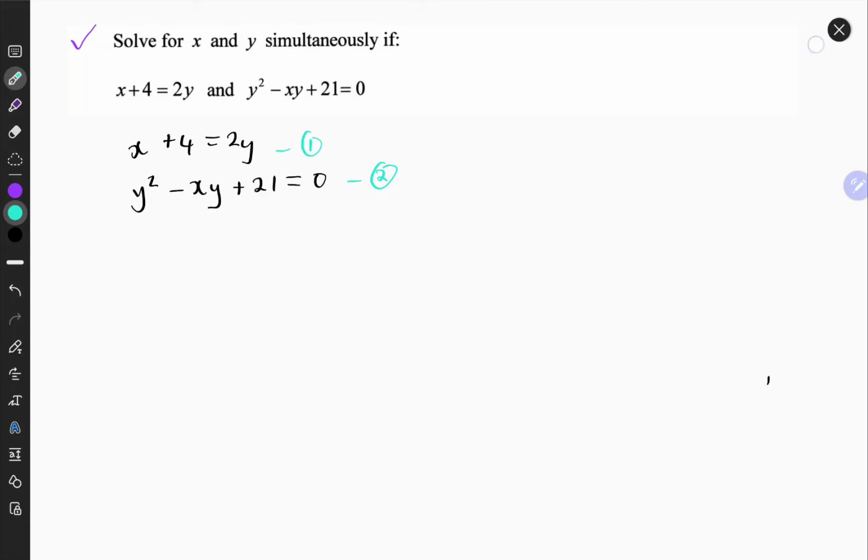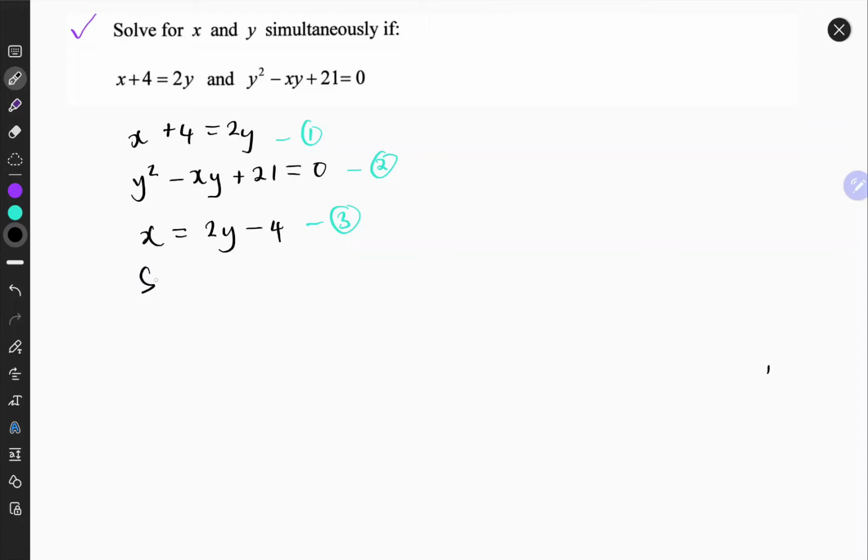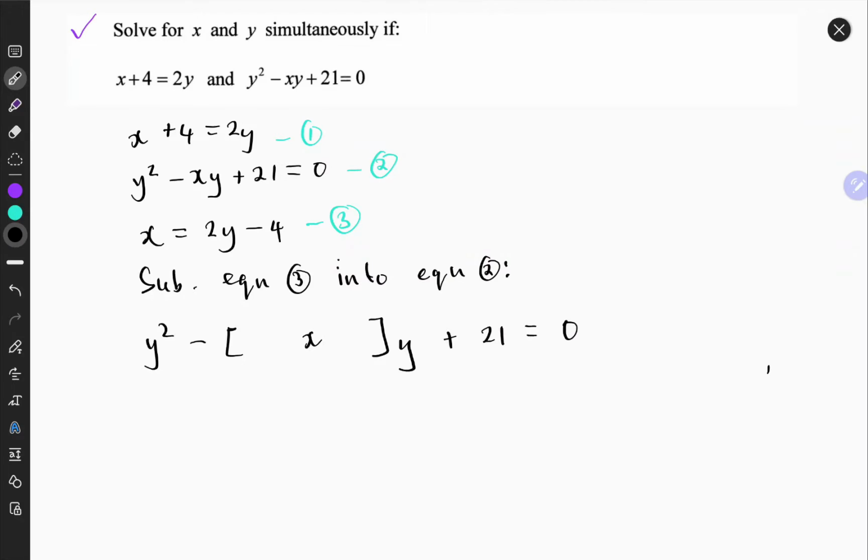Let me demonstrate. So I'm going to take equation 1 and rewrite it in terms of y. So x should be equal to 2y minus 4. I'll call this equation 3. So what we'll now do is we'll substitute equation 3 into equation 2. So equation 2 is as follows: y squared minus.